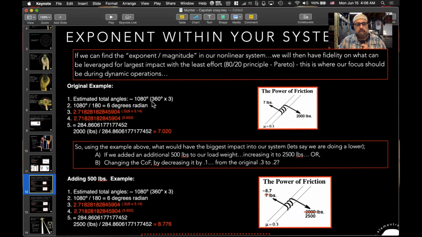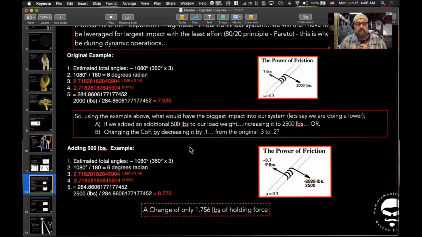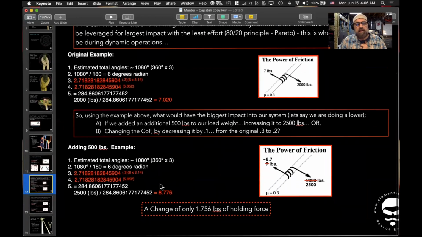So the original example we have right here was the 7 pounds to lower 2,000. Now on example number 2, we're going to add 500 pounds to our load. We're going to keep everything the same, except at the end, we're going to divide by 2,500 pounds instead of 2,000 pounds. By adding 500 pounds more to the load weight and keeping everything else the same, we plug these numbers in and see that it really didn't make much of a difference.